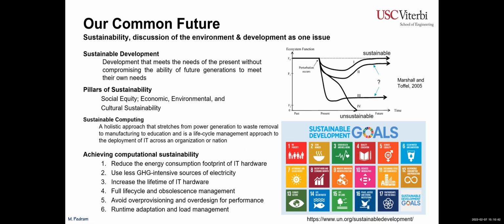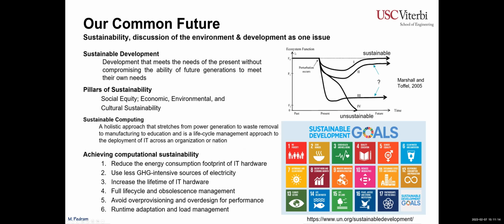On the top right here, you see from a well-known paper by Marshall and Toffel, basically what is meant by not being sustainable. I always like to look at what we are not, so that we understand what we are. So an example of non-sustainable behavior is what is shown as plot 4 in this graph.